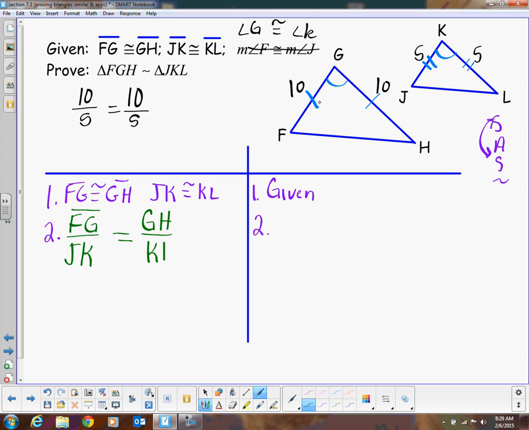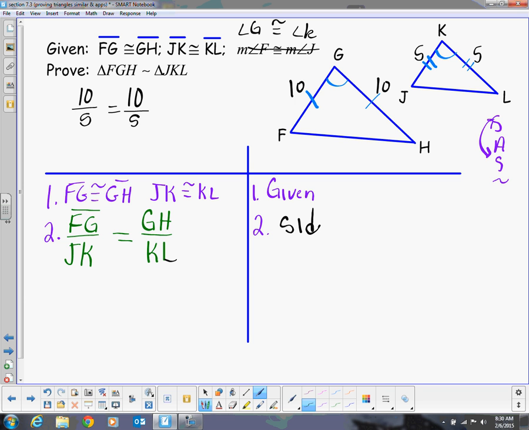If these two are congruent and those two are congruent, when you put them in a ratio, you're going to have single over double, single over double. It has to be congruent. I mean, it has to be in proportion. Oh, did I mess it up? Where? Here? That's an L. Okay. Well, GH over KL, FG over JK.